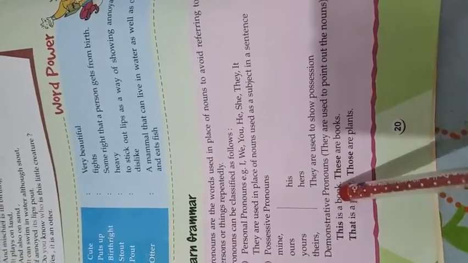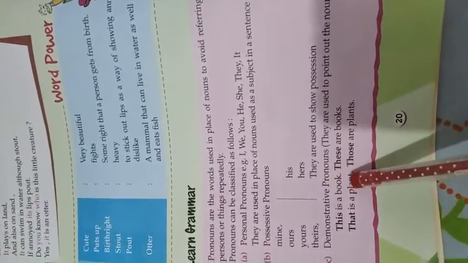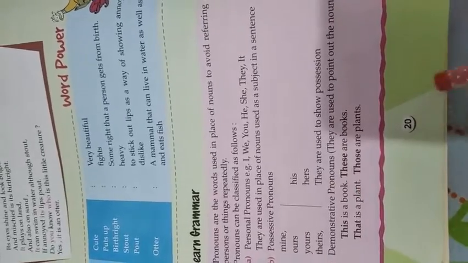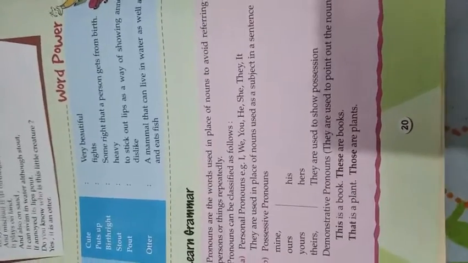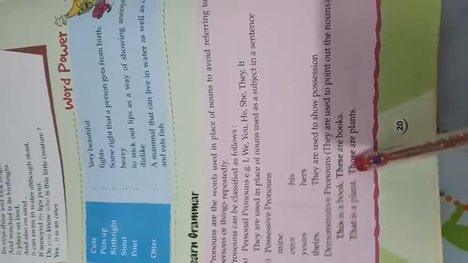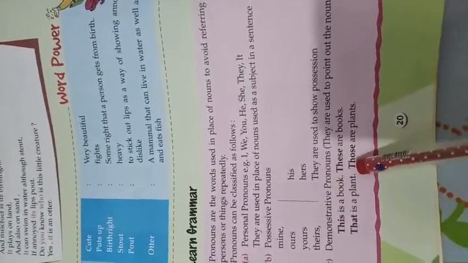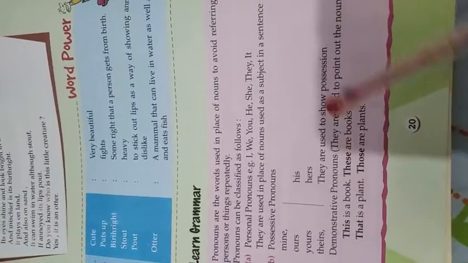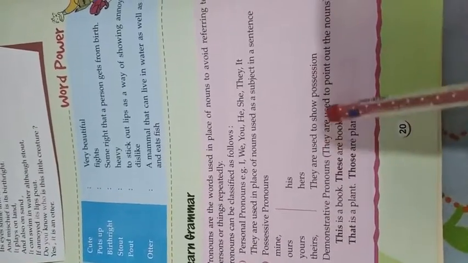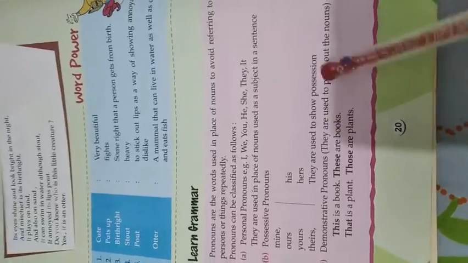Understood? Like this, plant is an object, so in this sentence, that word shows the plant. That is a plant. This is a book, that is a plant. So it means demonstrative pronouns are used to point out the nouns.